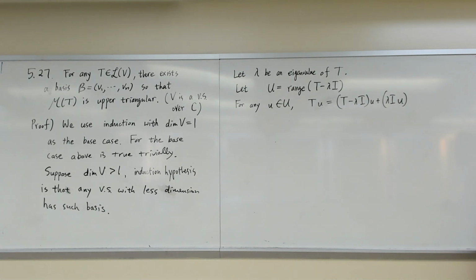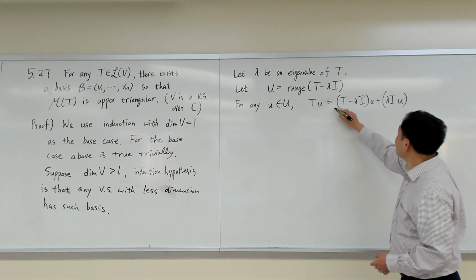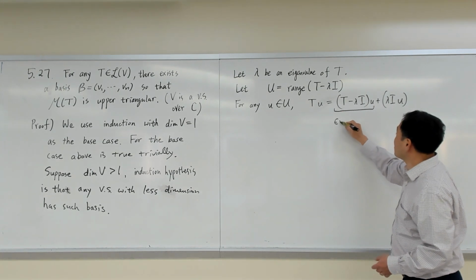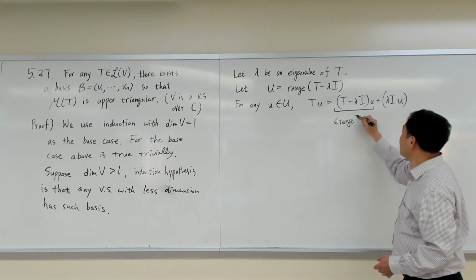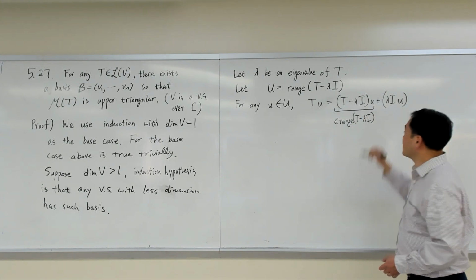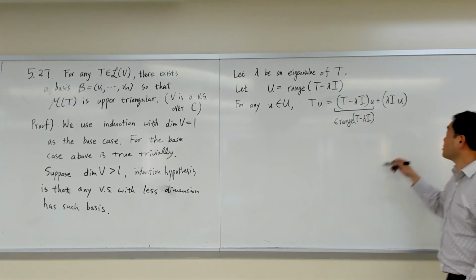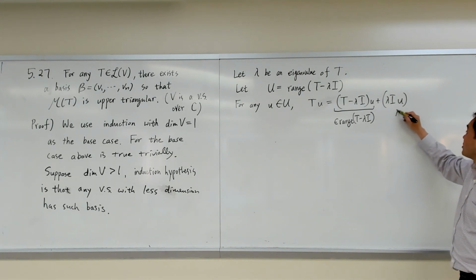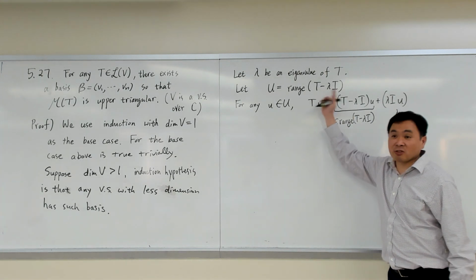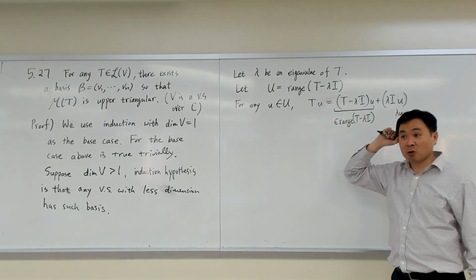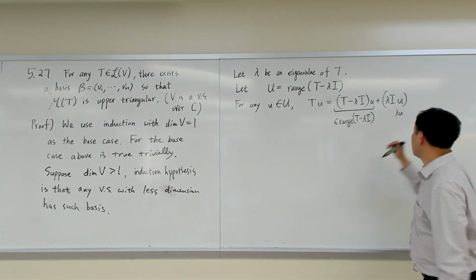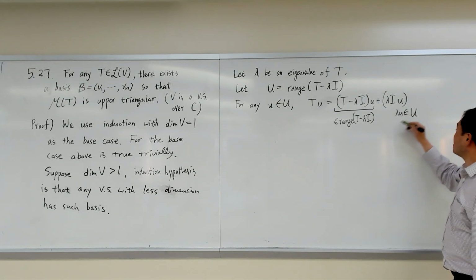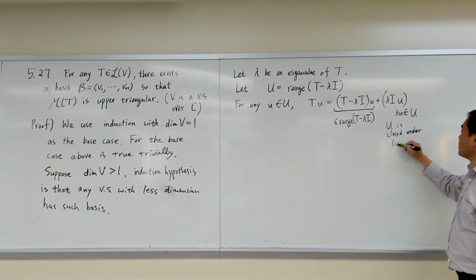Right. That's true. Seems like I'm writing nonsense, but look, this first term is in the range of T minus lambda I, right? And this one is the same as lambda u, and because the range is a subspace, any scalar multiplication is again in U. So this is still in U because U is closed under scalar multiplication.